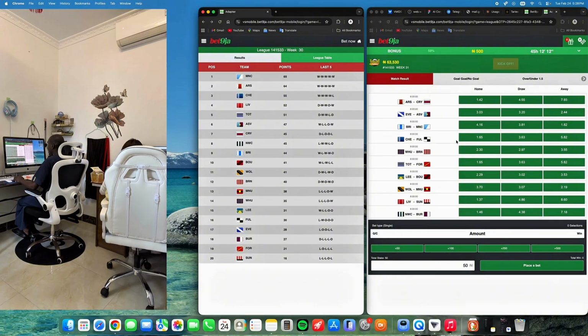You can just look at any team on the home side that you feel the odd is in the range of 1.50 to 1.75, or 1.85, on the home side, meaning that these teams have a high chance to win.